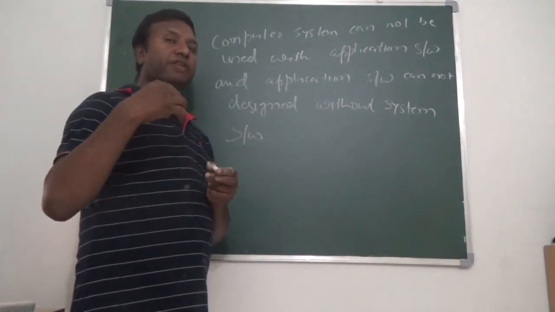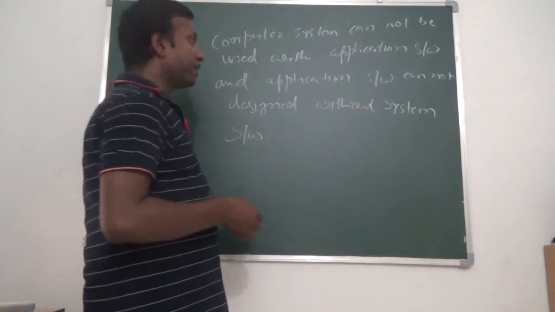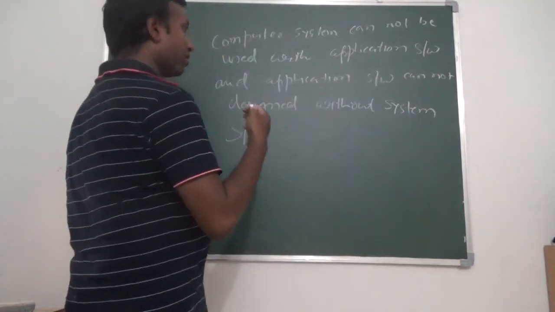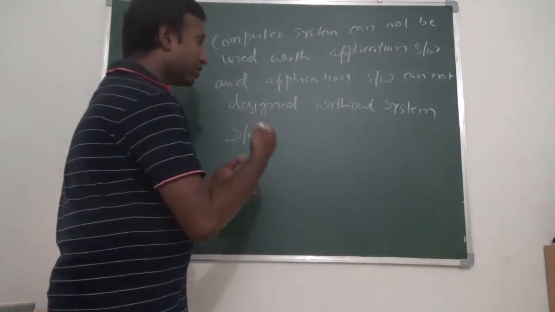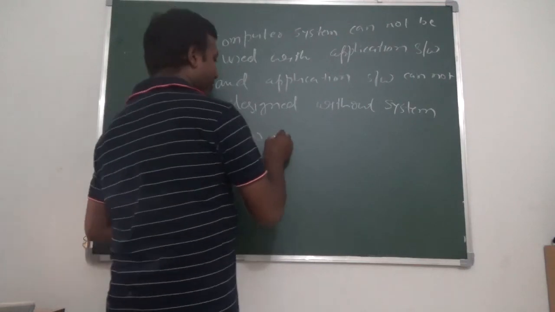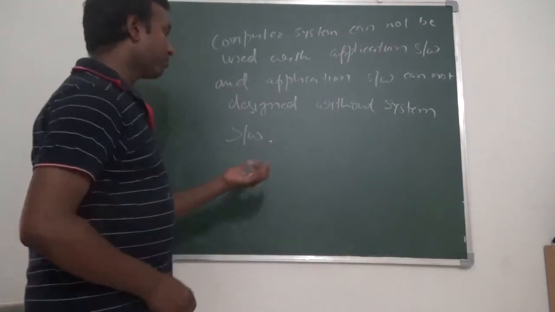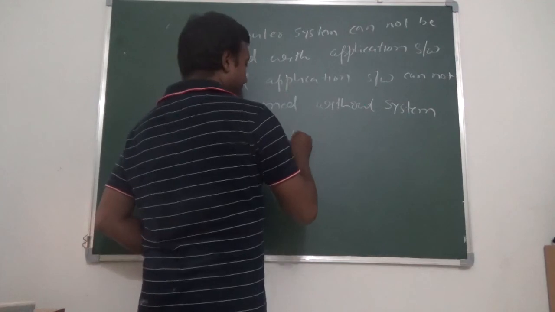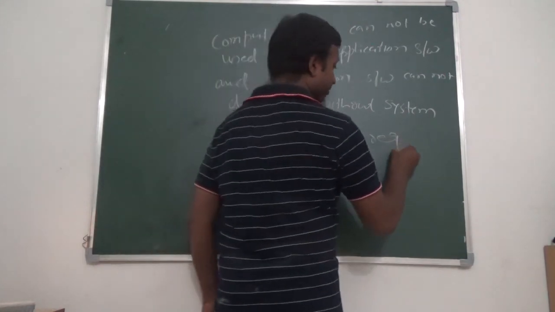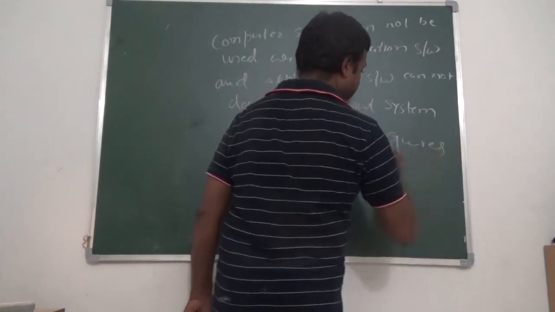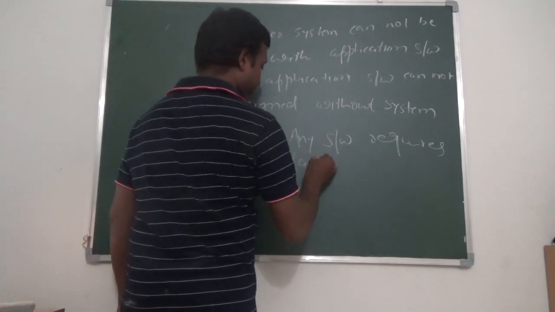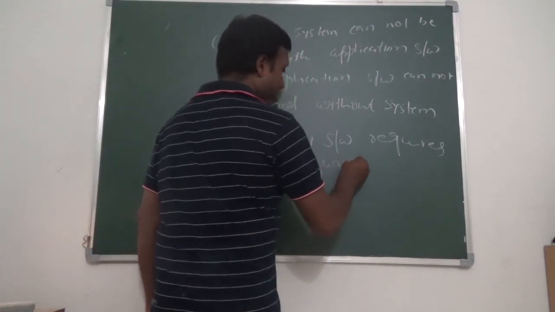Later on, I will go in deep and tell you how we can design system software. But what is the important role here? And one line I want to add, that is after this point: any software requires some language to develop.